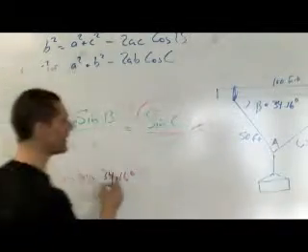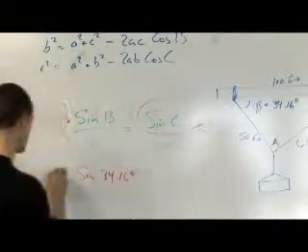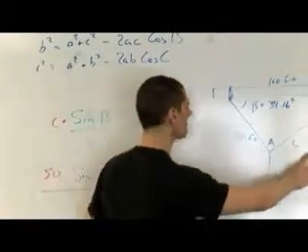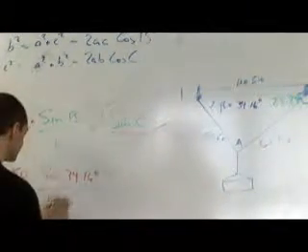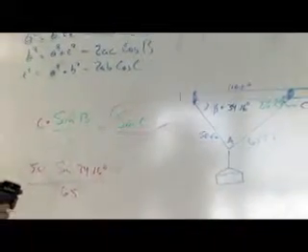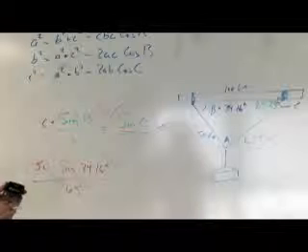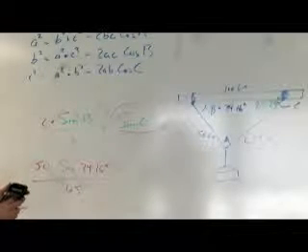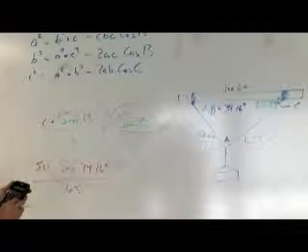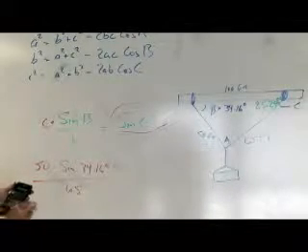Side c is 50 feet, and divided by b, which is 65. Let's see if it works. 34.16, I'm in degrees, I hit the sine. It's like 0.56 and some change, times 50, divided by 65.